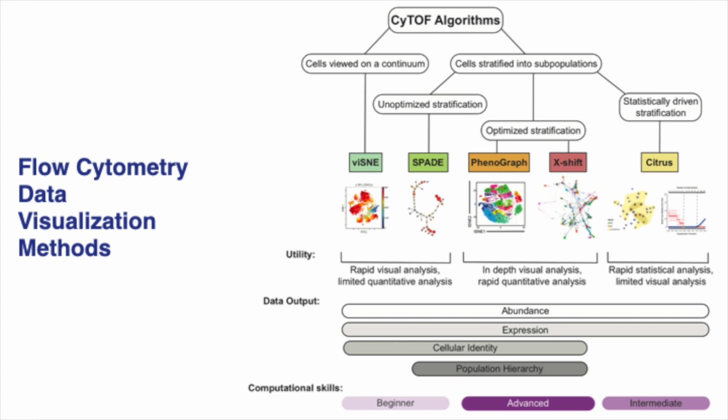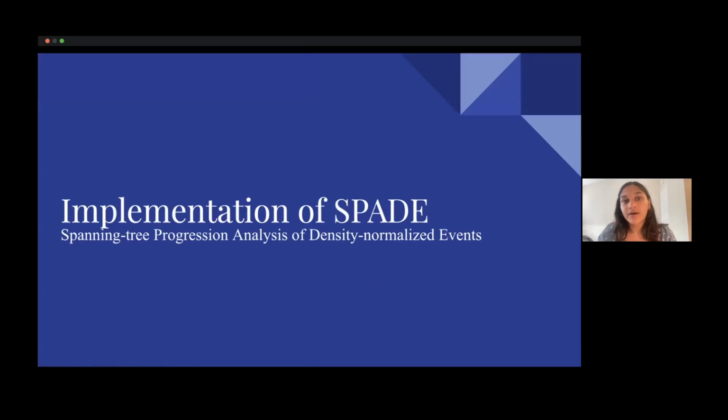Some of the flow cytometry data visualizations are shown here. Over my course with the NIH and Duke, I mainly worked on the SPADE algorithm, so I'll be talking about how I implemented SPADE. What is SPADE? SPADE stands for Spanning Tree Progression Analysis of Density Normalized Events.